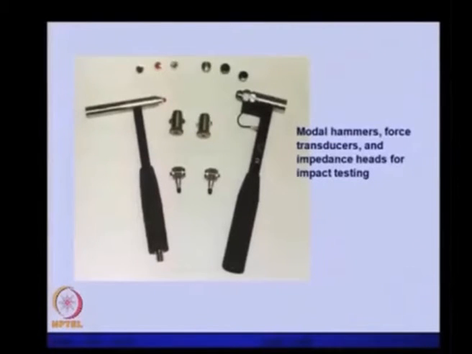The advantage is that we can also measure the particular impulse we are giving to the machinery, because a force measurement sensor is attached here. For the tip of the hammer, we can have a variety of tips like rubber, aluminum, or steel, and depending upon the frequency range we want to impart, these tips can be chosen.